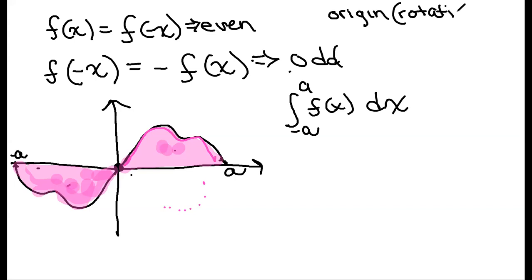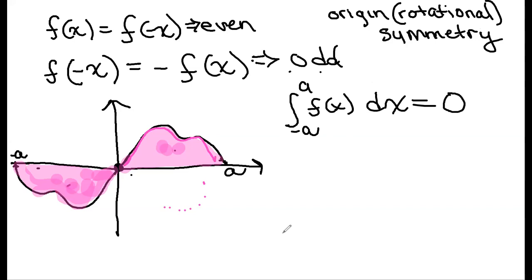When I was saying how you can rotate it, it's called rotational symmetry. That's an odd function. And what's that say? Well, if it's an odd function, you don't have to evaluate it. It's an odd function. So all you have to do is know that it's 0.